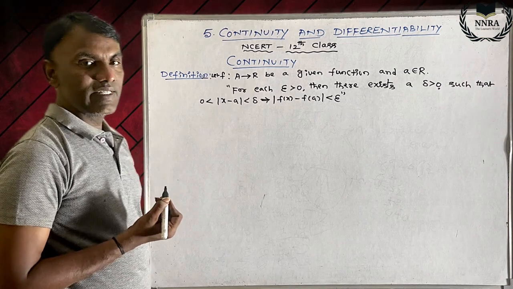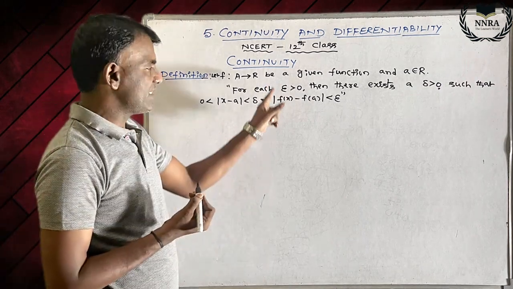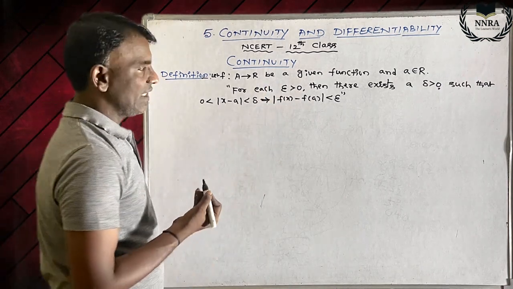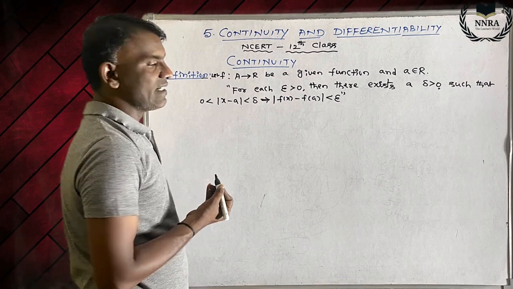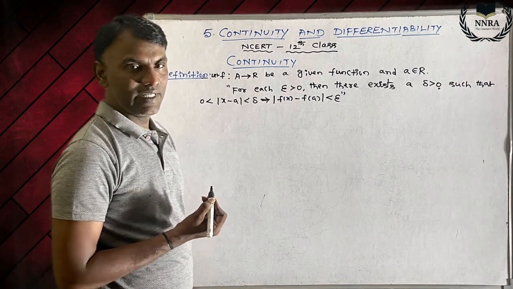If the given function f of x satisfies this condition, then we say that f of x is a continuous function at the point a.